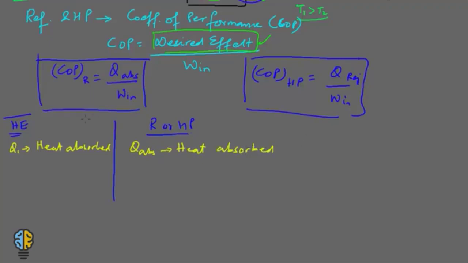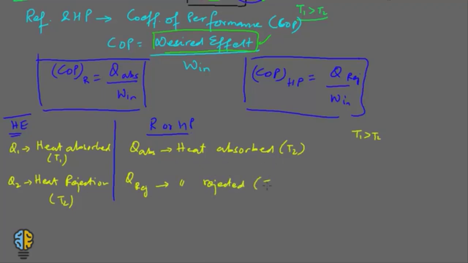Okay, now this is done from T1 and this is done from T2, and we know that T1 is higher than T2. Q2 is the heat rejected, and this heat rejection is done to a heat sink at temperature T2. And if you talk about a refrigerator or heat pump, the heat rejection is Q rejected, which is heat rejected or heat rejection, which is at temperature T1.